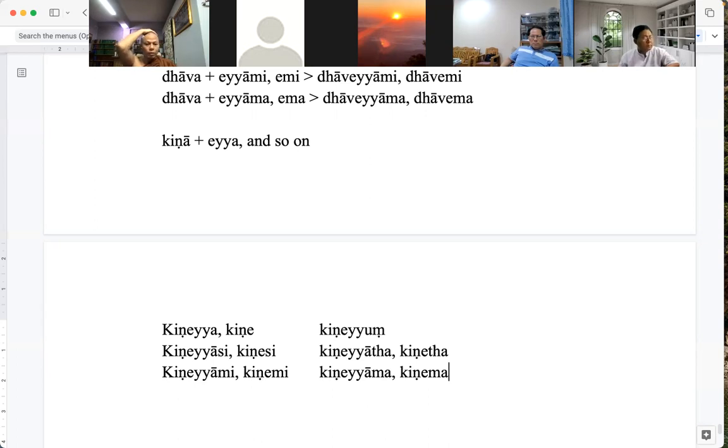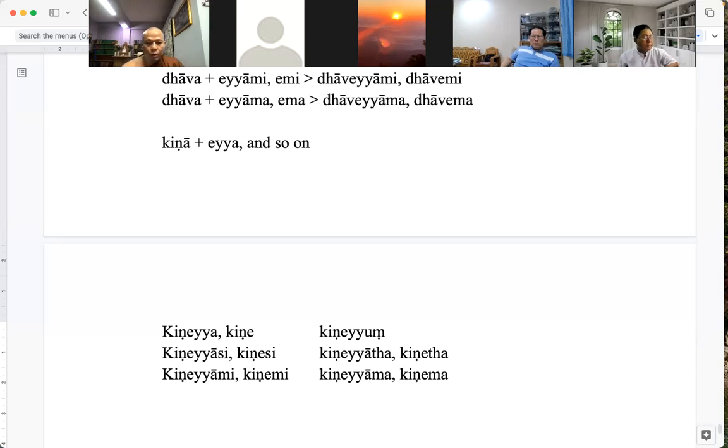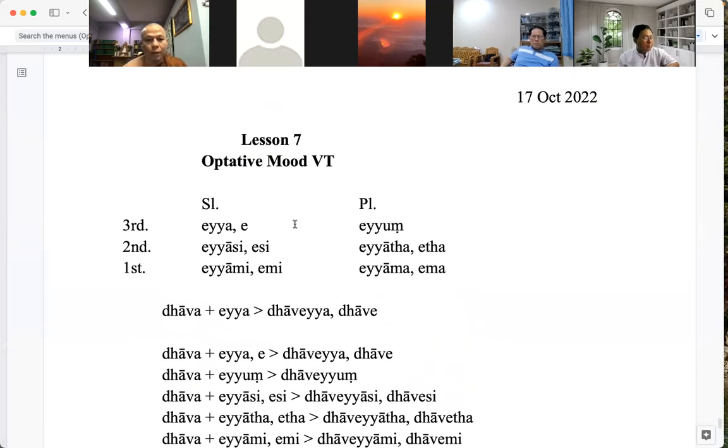So we can form all of the verbs, all of the bases ending in the same way as the kina base. So suna: suneya, suneyo, suneyasi, sunesi, suneyata, suneta, suneyami, sunemi, suneyama, sunema. Okay, the way of forming is in this way, very simple.